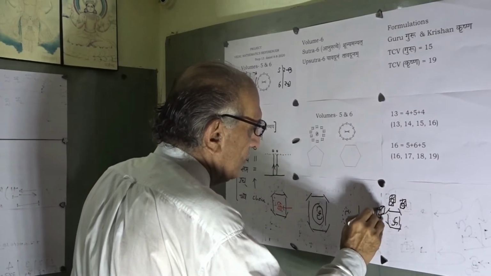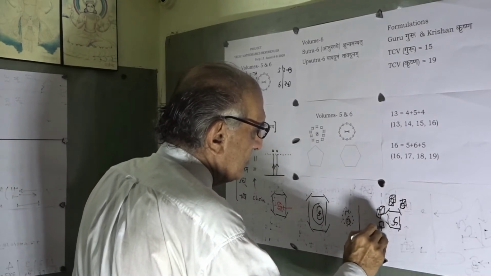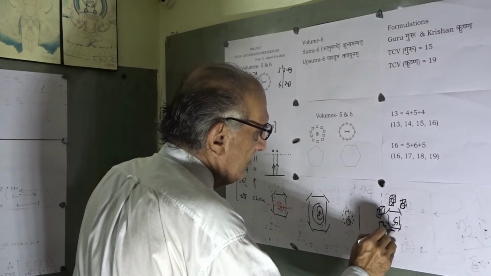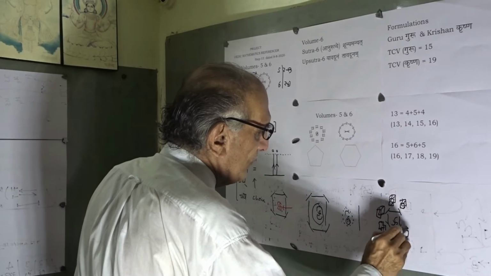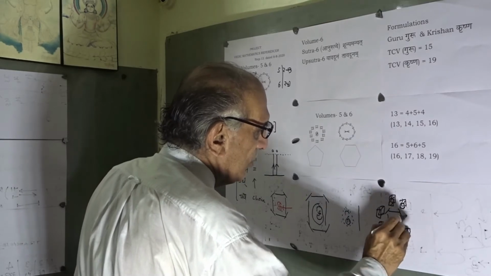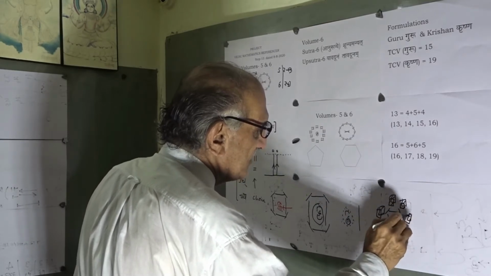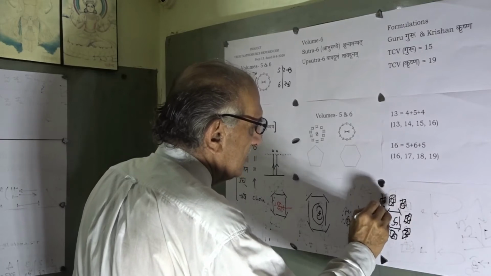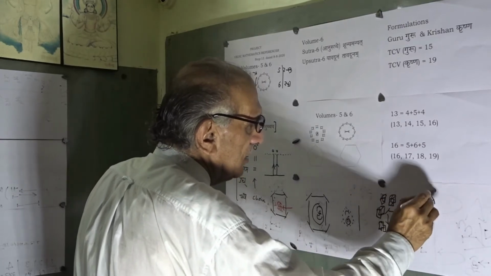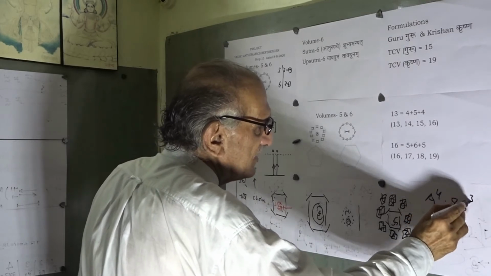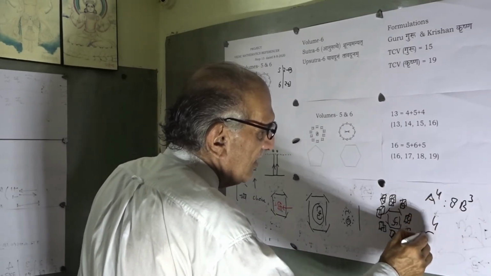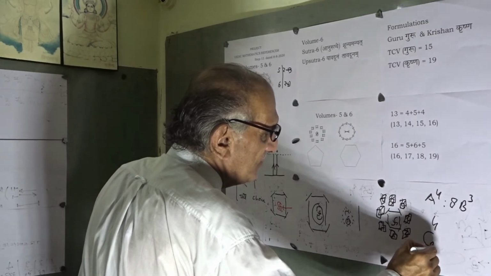A raised to power 4 is to 8a cube is the domain boundary ratio of Hypercube 4, the representative regular body of 4 space. Now a raised to power 4 is to 8p cube means 4 space is having 9 geometries range.